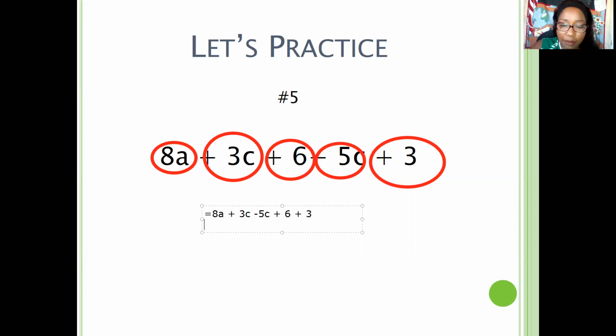All right. Now, from here, now that we collected them, let's simplify. The 8a is all by itself. So 8a. 3c though, that plus 3c minus 5c. So you have $3 in your bank account, but there's a service charge of $5. I'm going to say that again. You have that plus or positive 3c, take away 5c.